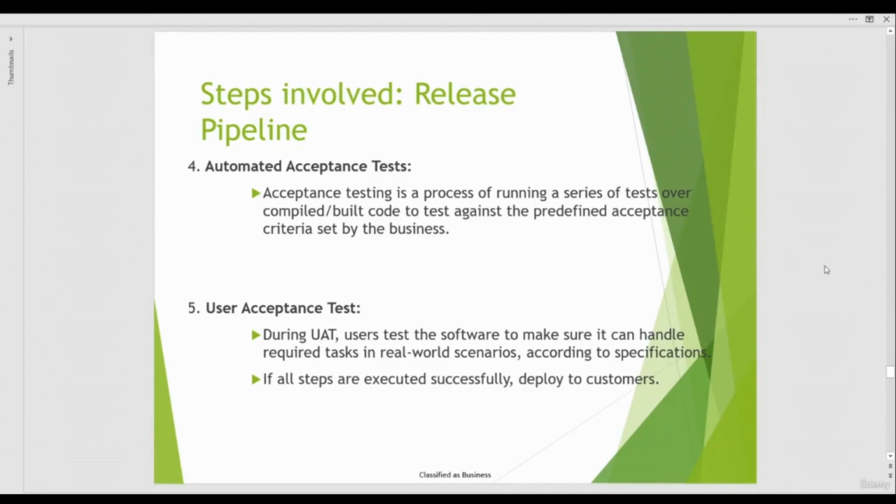Hi everyone. Let's continue our discussion on release pipeline. We have seen what is release pipeline. After your build pipeline has succeeded, the artifacts from the build pipeline are taken and deployed into a staging environment or user acceptance environment, or it can be a QA environment where build pipeline artifacts are tested.